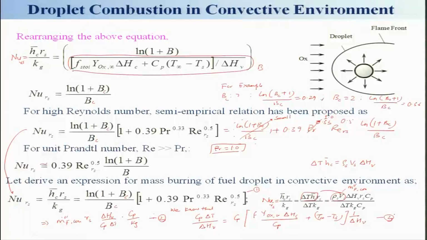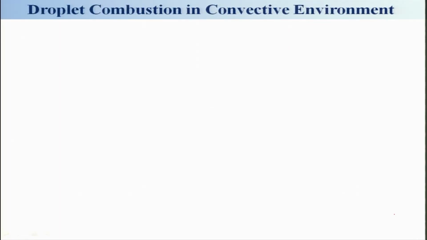And I can use equations 1, 2 and 3 to write m dot F convection as basically, if you look at, this is nothing but your B. Let me write it down.